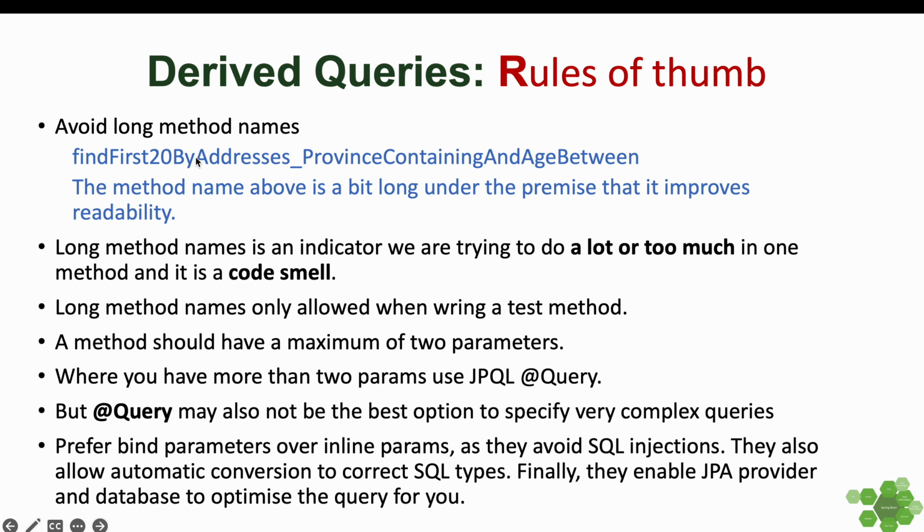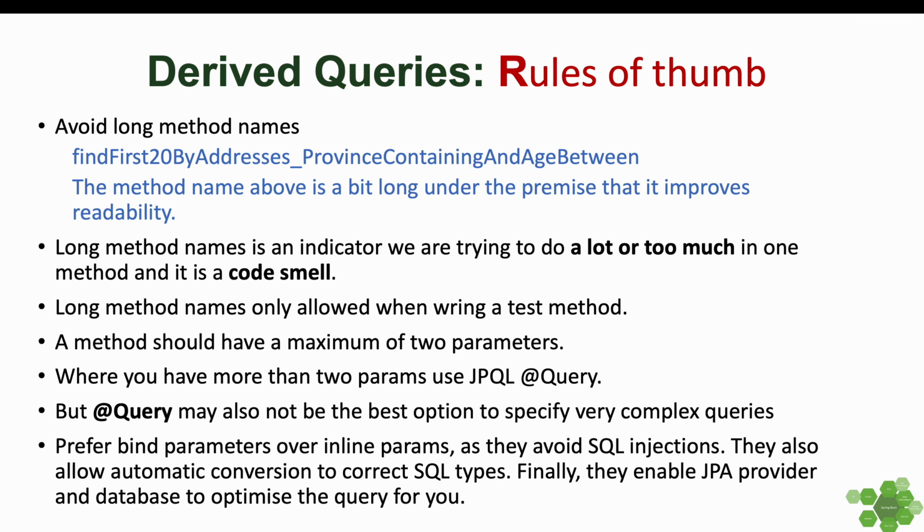Just look at this method name. Find first 20 by addresses, province containing, and age between. Look at how long this method name is. It looks like we are doing a lot here.